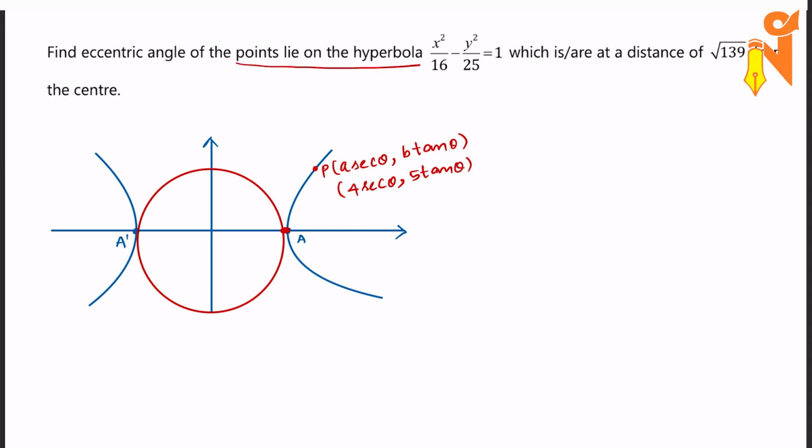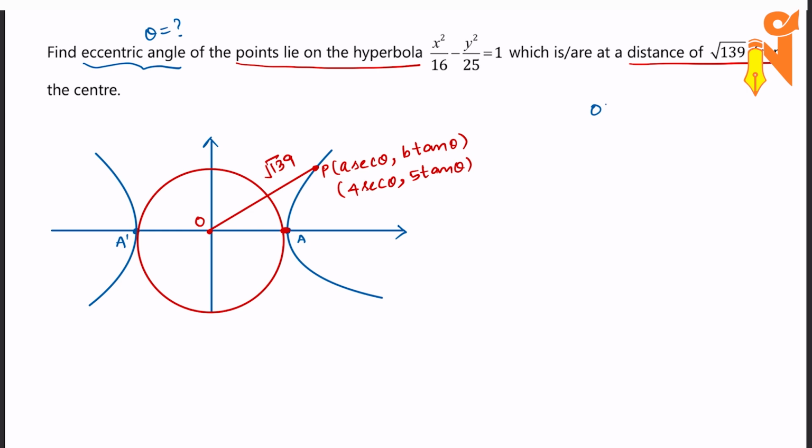The points lie on the hyperbola at a distance root 139 from the center. So this is the center, say O. The distance between this and this is root 139 units. So we have to find the eccentric angle, which is nothing but theta.